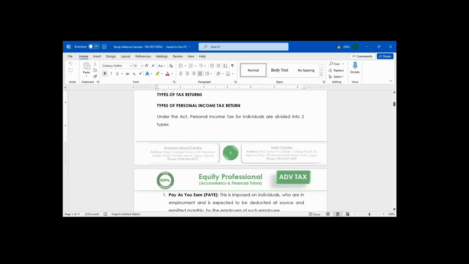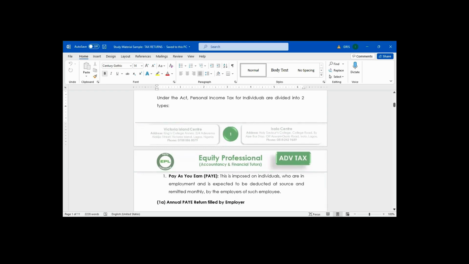Personal income tax returns, they are those returns filed by who? By individuals, employees, sole proprietorship, partnership, etc. So this personal income tax return can be divided into two.